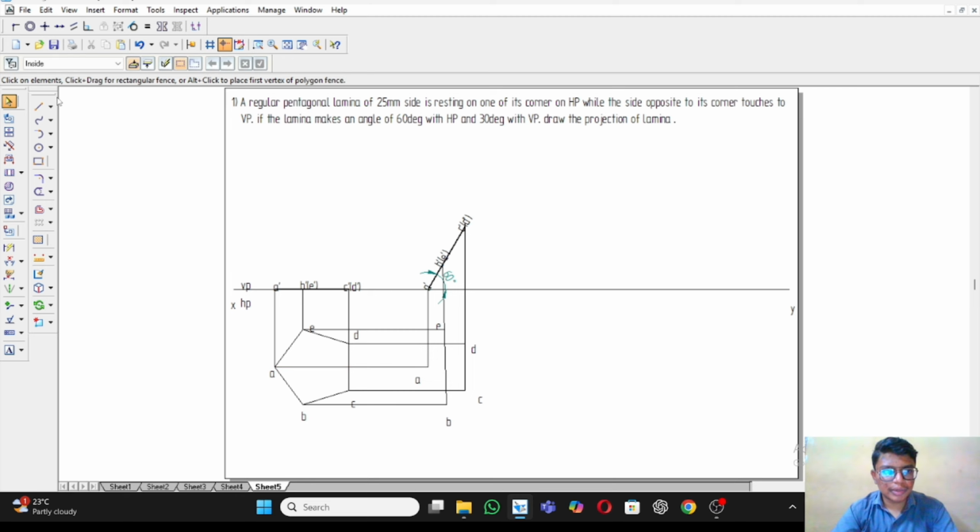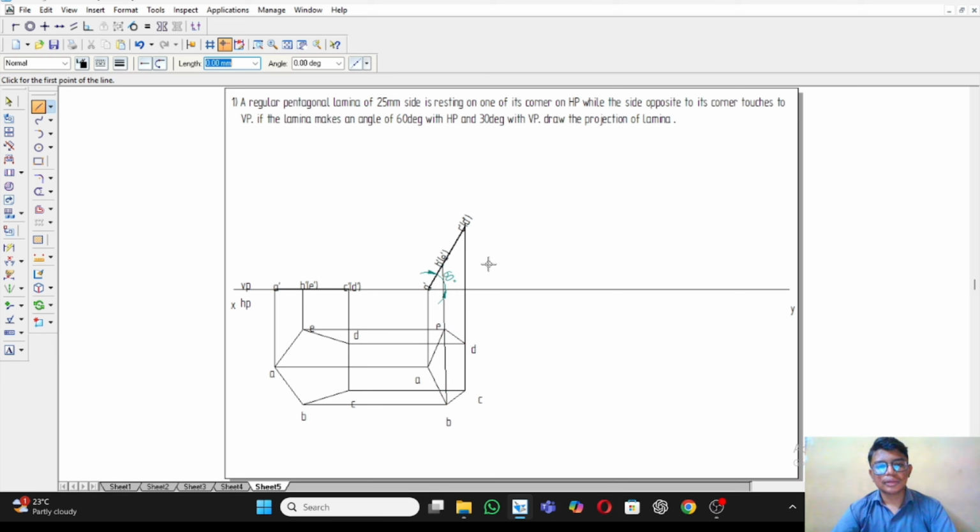We have to take a visible line. Now A to B, B to C, C to D, D to E, and E to A. This completes the projection of the second.